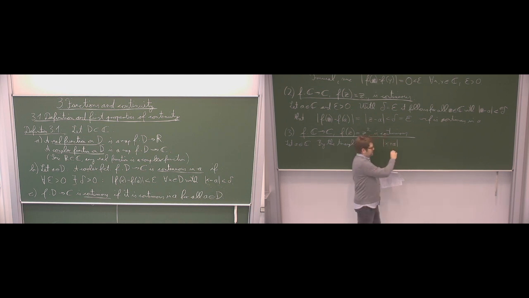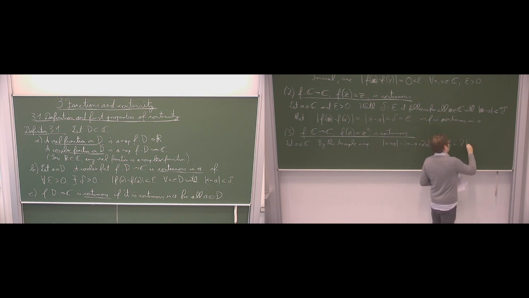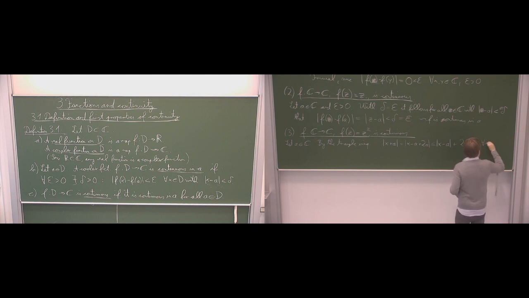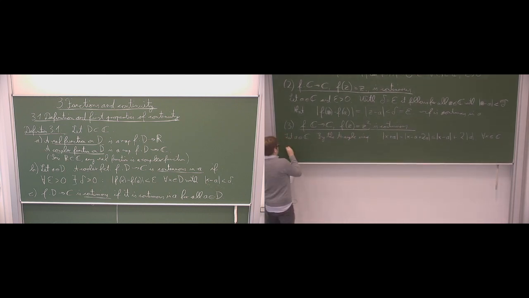The absolute value of x is the same as x minus a plus 2a, which is smaller than or equal to, by the triangle inequality, the absolute value of x minus a plus 2 times the absolute value of a, for all x in C. Why we do this we will see later, but this is some trick that we will need in a tiny bit.